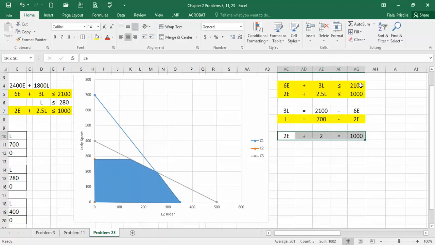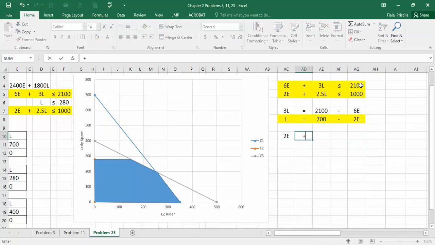Okay, this is the second equation. I'm gonna do 2e plus 2.5L equals 1000, correct? So now I can replace L with these values right here so I can define E. So 2E plus 2.5 times, I'm going to put it here, 700 minus 2E.